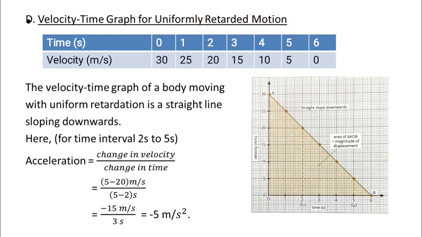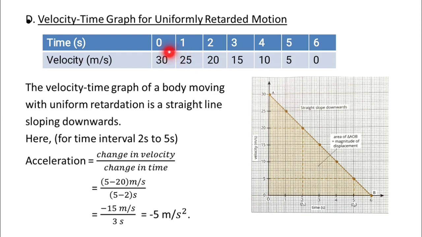Now students, there are two terms, one is uniformly accelerated motion and another is uniformly retarded motion. Uniformly accelerated motion means velocity is increased by equal amounts, while uniformly retarded motion means velocity is decreased by equal amounts. So from this table it is clear that initially at time t equal to 0 seconds, the object has a velocity of 30 meters per second, and after 1 second the object's velocity becomes 25 meters per second.